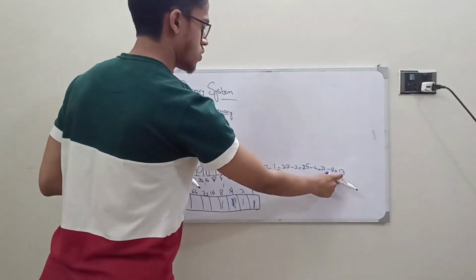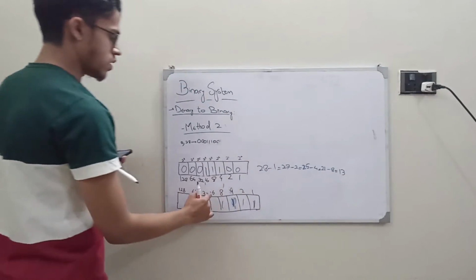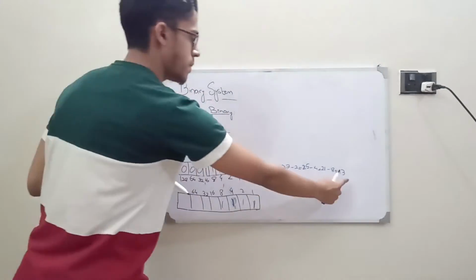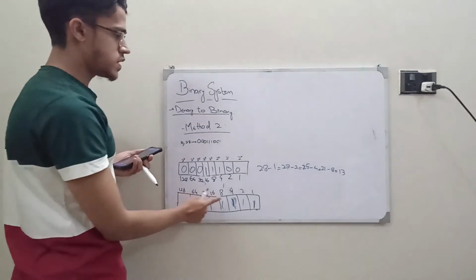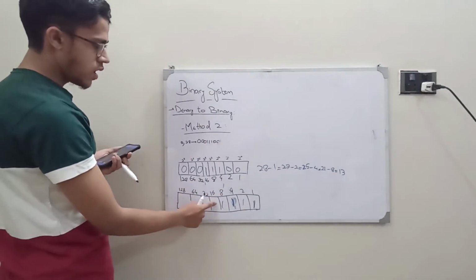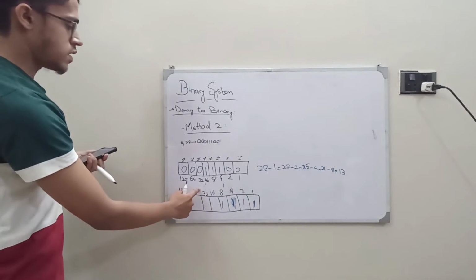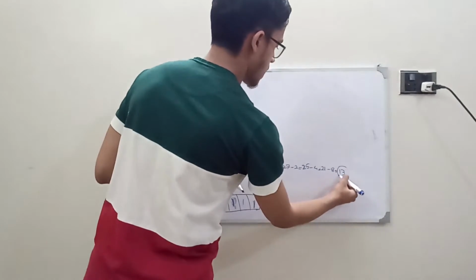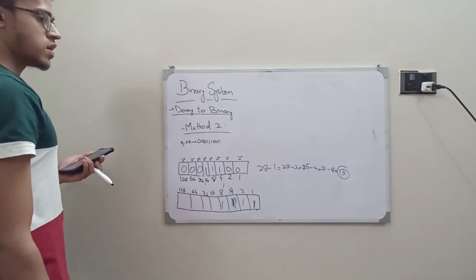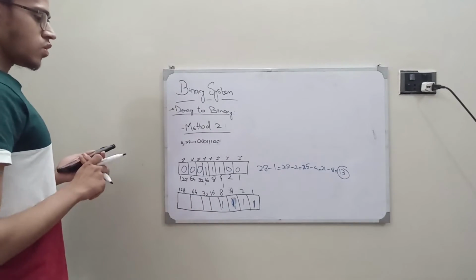As we move on to the next one, there comes in a conflict. When we compare this number with this number, 13 is of course greater than 16, which means that we cannot write 1 right up here. That means that if we move on to the next one, the number will get bigger and bigger, and there will be no way that we can now write this number 13 in this binary form.